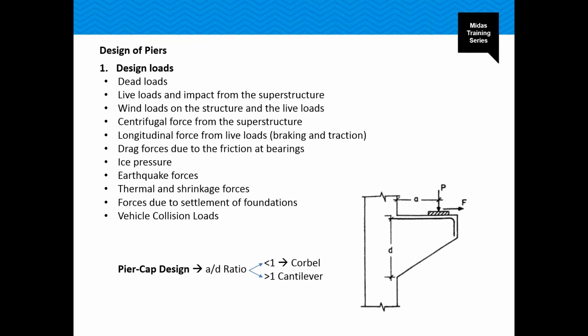These loads include the given set of design loads: the dead loads, the live loads and their impact from the superstructure, the wind loads on structure as well as live loads, wind loads on the substructure, and then the centrifugal forces from the superstructure, the longitudinal force from live loads, the braking and traction effect, again the drag forces from the bearings, the ice pressure, earthquake forces, thermal and shrinkage forces, and forces due to the settlement of foundations.